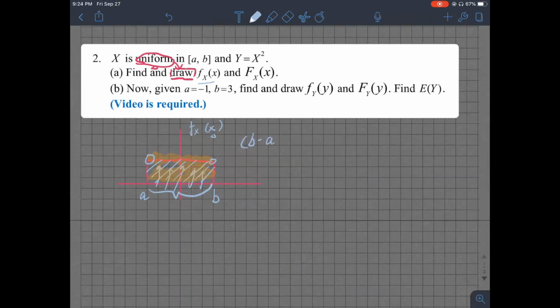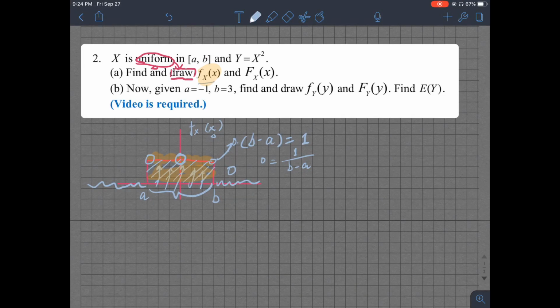The interval is b minus a, and we need to calculate this value. So this value times (b minus a) equals 1, so this value equals 1 over (b minus a). And we know the other region is 0, so we can get the result of f_x.